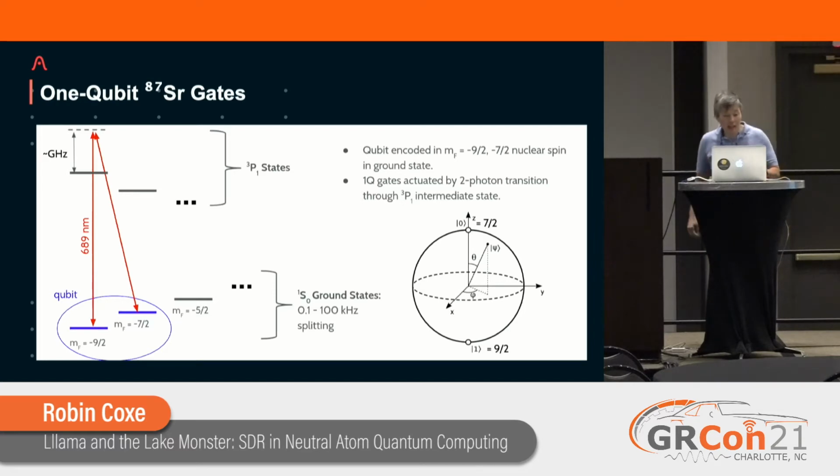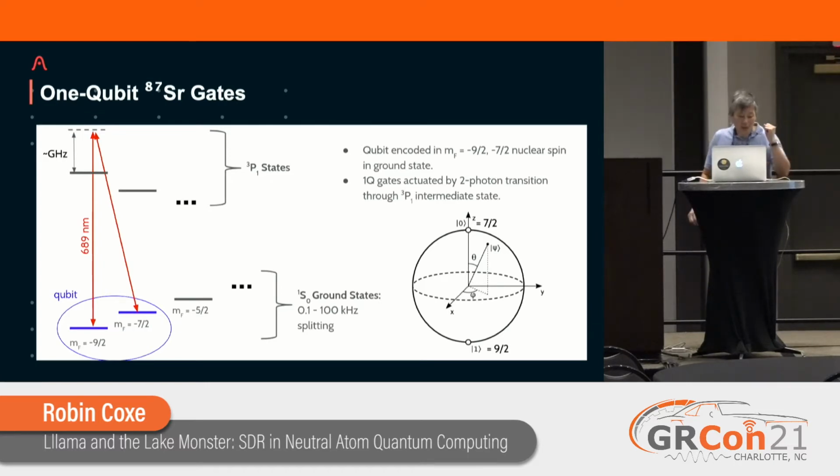Essentially, once the strontium atom is trapped in its trap, we take advantage of the fact that we are applying a fixed magnetic field. Let me start again.